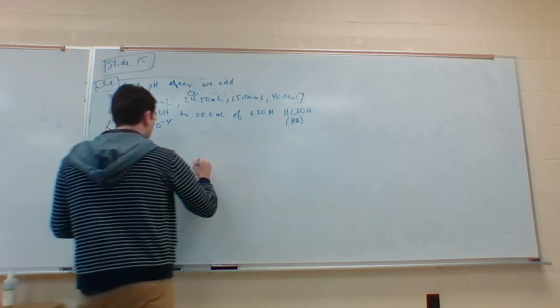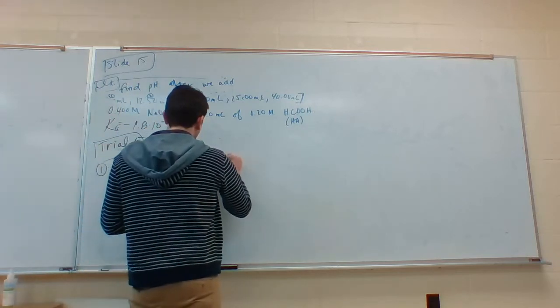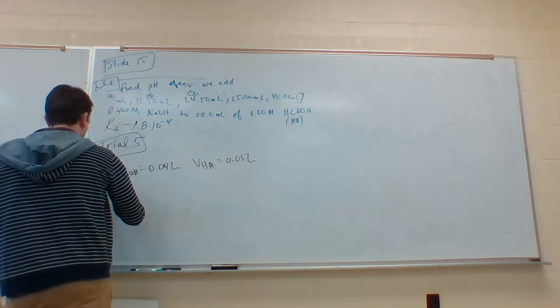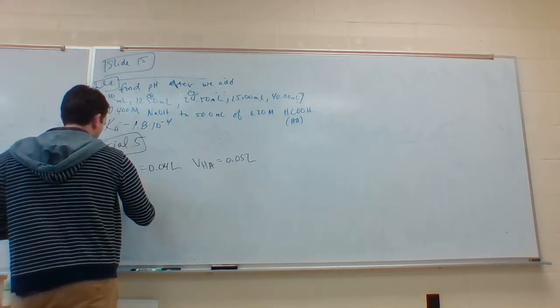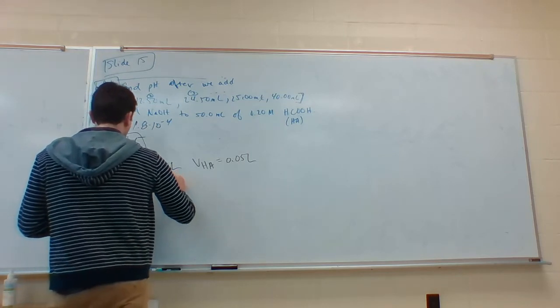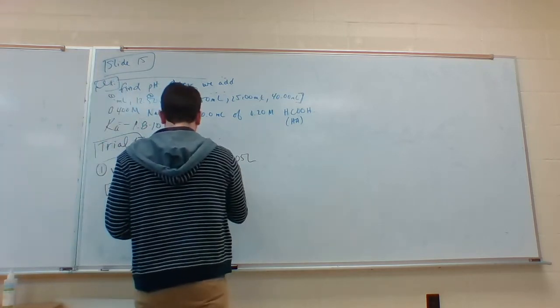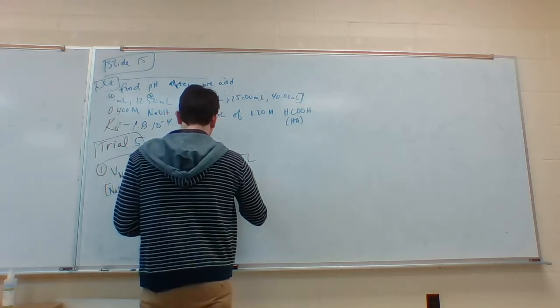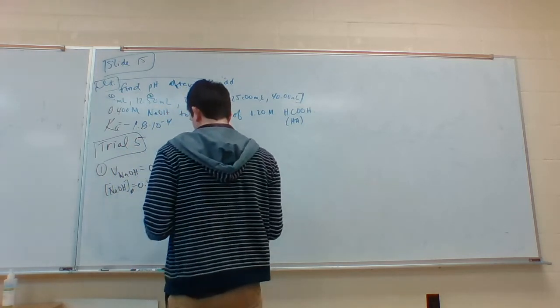We have a volume of acid, which is 0.05 liters. We have a concentration of base, which is equal to 0.40 molar initially. And we have a concentration of HA initially, which is equal to 0.20 molar.